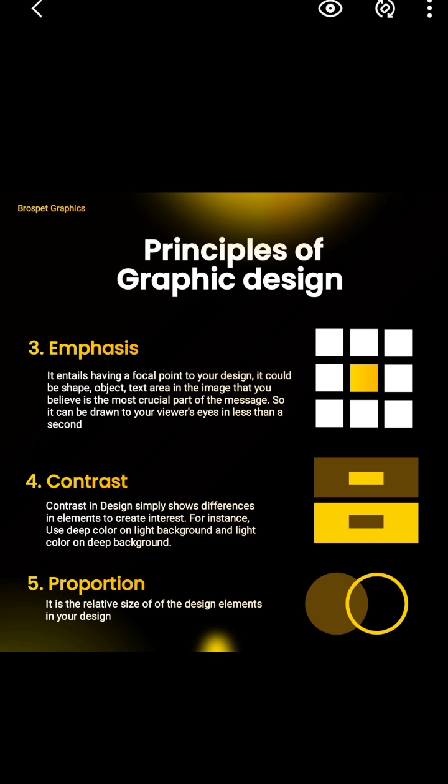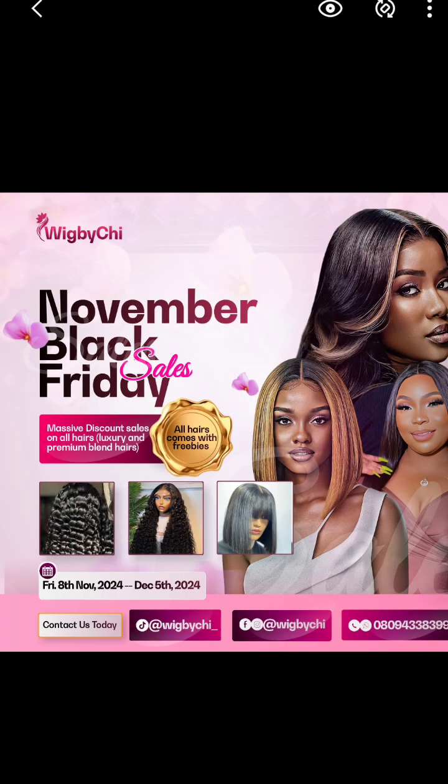Okay, let me show you an example. For this one, this shows emphasis. Even though this letter is small, you can see that the color is pink. It shows well, even when others are black, it shows pink.